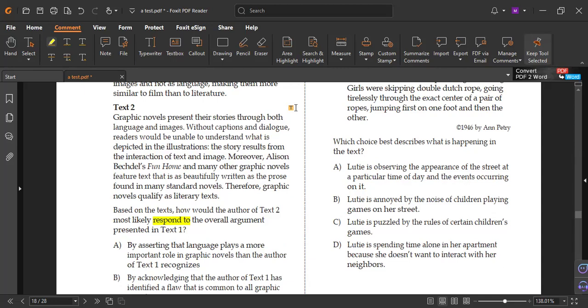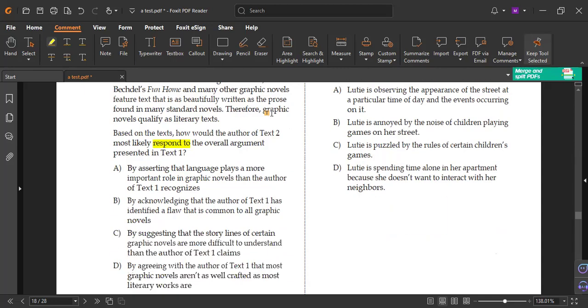Yeah, it's B. So you think it is letter B, but I don't think so. Why not A? Remember, we need the author of text 2. Acknowledge that the author of text 1 has identified a flaw that is common to all graphic novels.